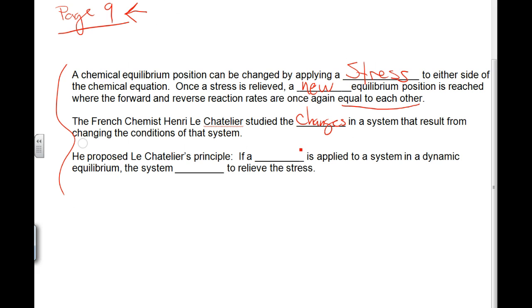All right, he proposed Le Chatelier's principle. If a stress is applied to a system in a dynamic equilibrium, the system changes to relieve the stress. Now, I know I sound immature, but the way I memorized that when I was a kid is that a system that is stressed will relieve itself.